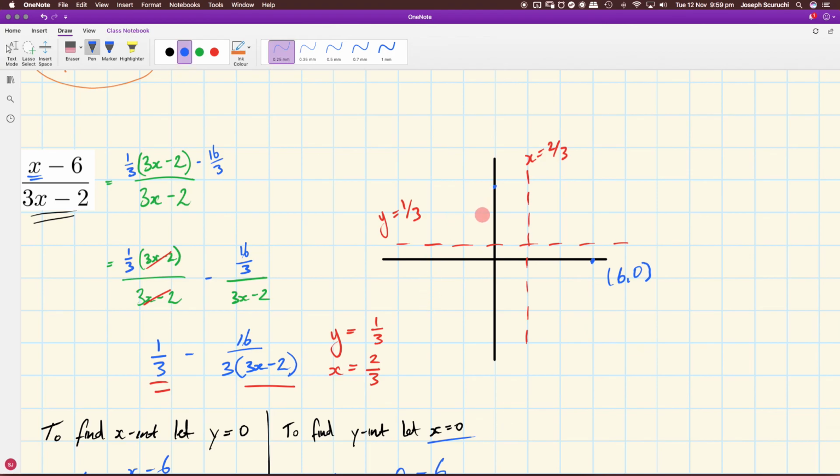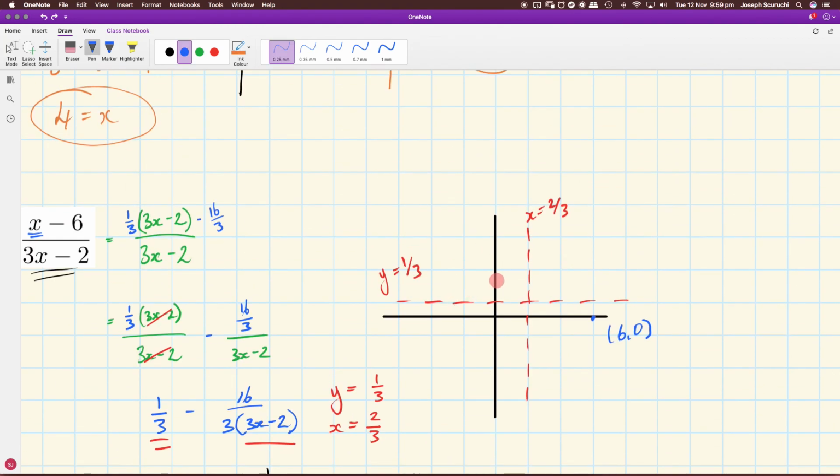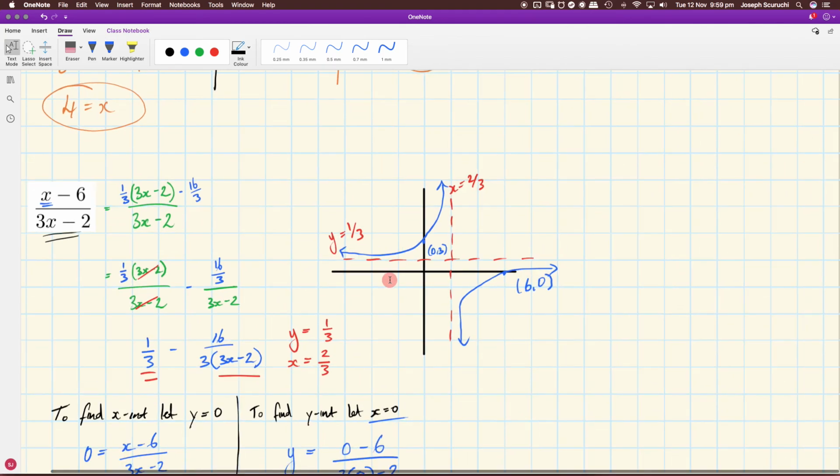Let's try to make this a bit to scale. Probably best to do it here: 0, 3, and 6, 0. Sorry about the bad sketching there. These should be nice, curved, smooth lines. But there you go. There's everything we needed to go over.